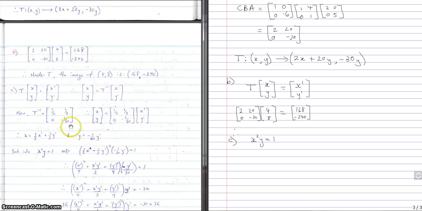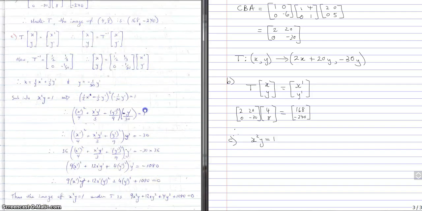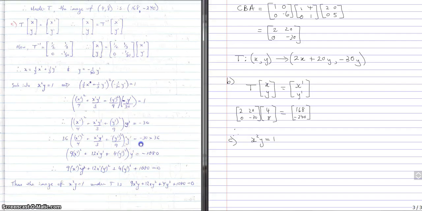But because they have our image coordinates, when we rearrange that and simplify, we obtain the image curve. That's what we're doing here. We're substituting x for this expression, putting that in there and squaring it, substituting our expression for y, and we're going to expand.